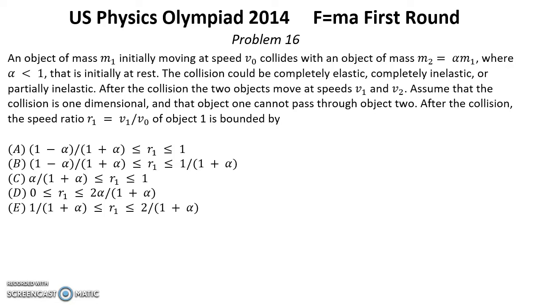After the collision, the two objects move at speeds v1 and v2. Assume that the collision is one-dimensional and that object 1 cannot pass through object 2. After the collision, the speed ratio r1 equals v1 over v0 of object 1 is bounded by the following inequalities.